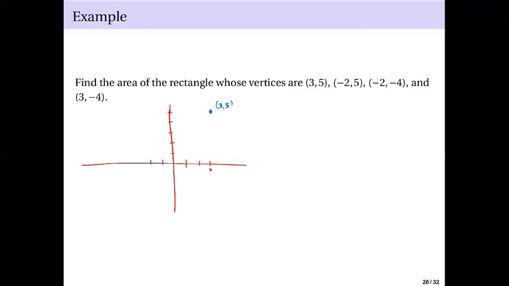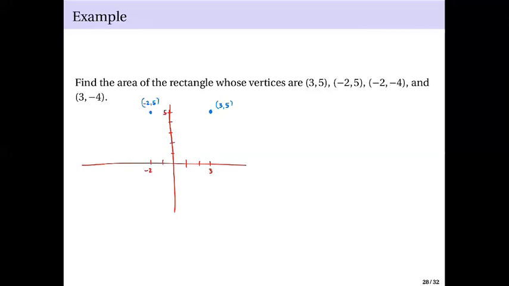So again, let me just label this. And then this guy here, it's negative 2. So the point negative 2, 5 is roughly here. And then you have negative 2, negative 4.